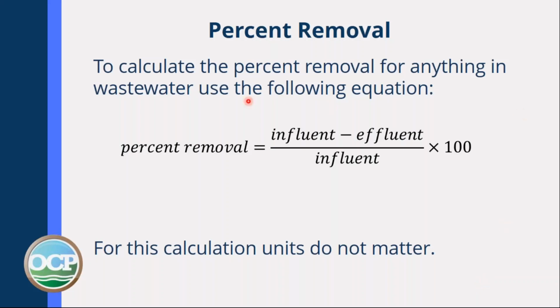We figure out what the concentration is in the influent, subtract what's in the effluent, divide that by the influent. Because we're looking for a percentage, we multiply by 100, and that gives the percent removal. This is one of the few calculations that you're going to do where there are no units. As long as the units are the same, you're measuring in milligrams per liter, units don't matter.